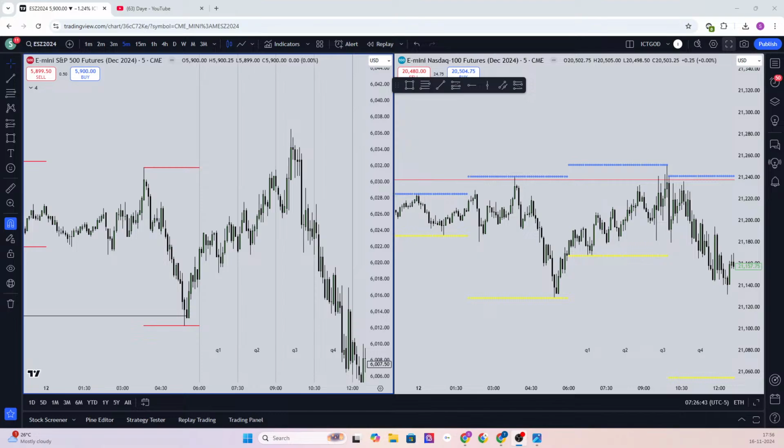I'll just open my TradeOver account. I think I've taken this trade. I've shorted the market here till this low, I guess. Let me see, I'll just put it on the screen.